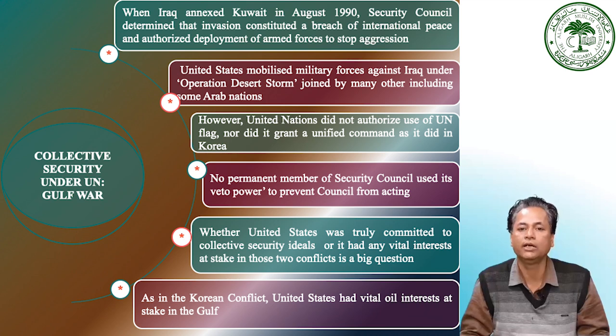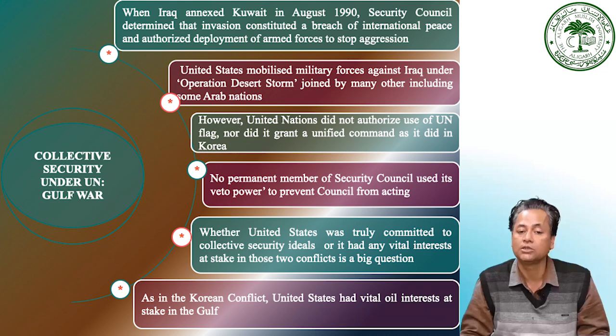So, here you will find that a multinational force was mobilized quickly, and the Americans provided the leadership. Not just some Western countries, rather a few countries from the Arab world also joined hands with America to deal with Saddam Hussein's attack, or Iraq's attack, against Kuwait.